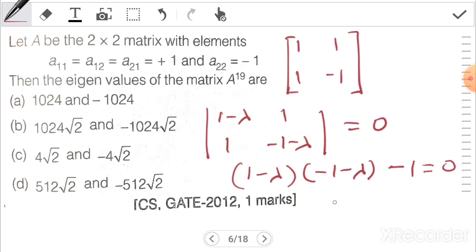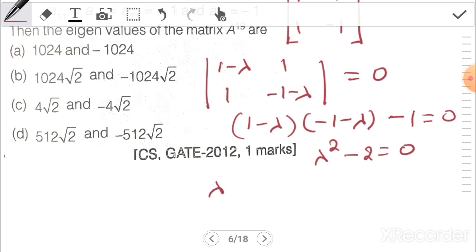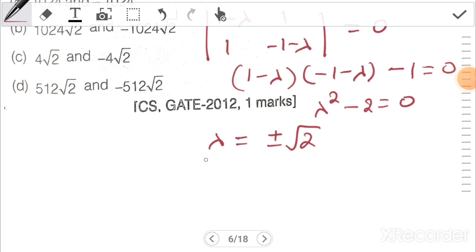So that is lambda square minus 2 is equal to 0. Lambda is equal to plus minus root 2. So eigenvalues are plus root 2 and minus root 2.